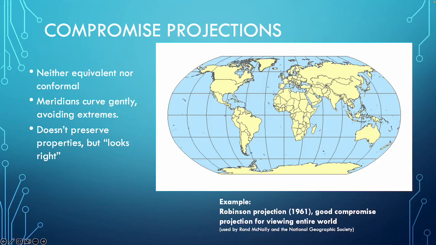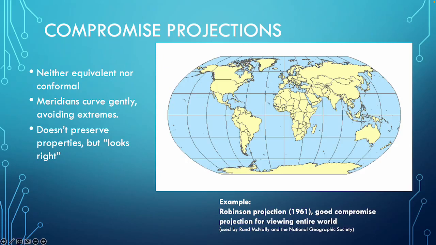Size isn't right, shape isn't right, but it does look better. That's the advantage of these projections. These are good choices if you want to make a world map, because at this scale, it really starts to matter. Things start to get off if you use other kinds of projections. So you use a compromise projection.